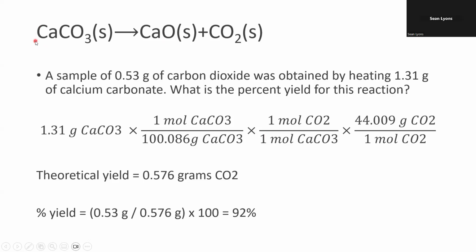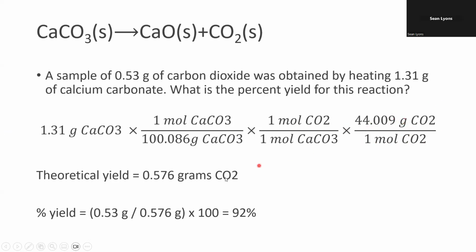So for every 1 mole of calcium carbonate we decompose, we'll get 1 calcium oxide, we'll get 1 carbon dioxide there. And now we have how many moles of carbon dioxide we could theoretically produce. But we're comparing it to grams, so we're going to go one step further, use the molar mass of carbon dioxide. And since in this case we're starting with moles on top, we've got moles on the bottom, grams on top.